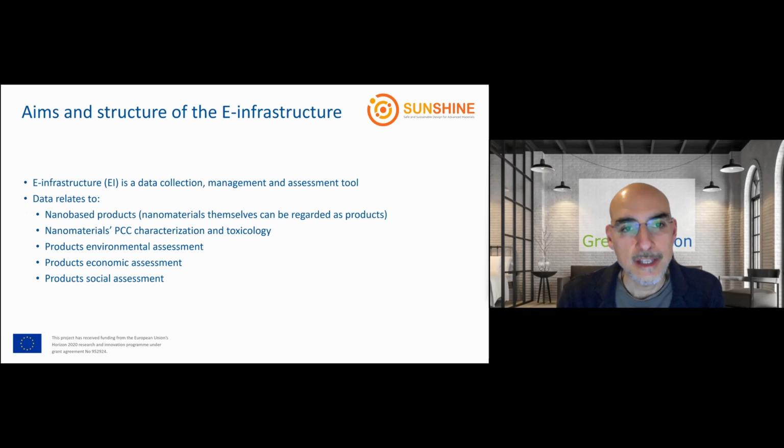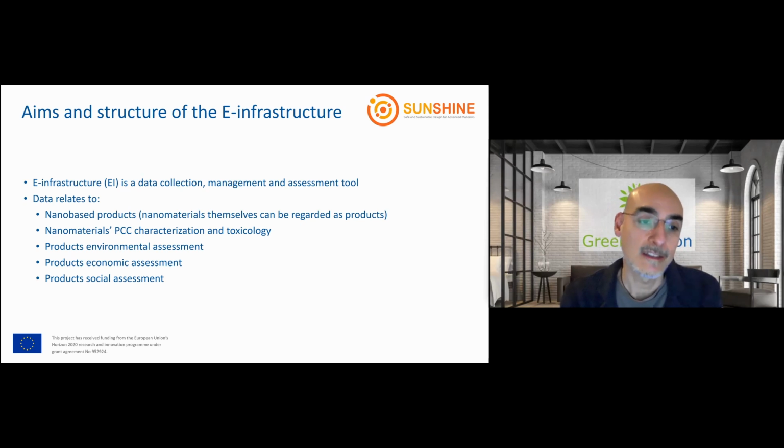So what is the aim and the structure of the E-infrastructure? Basically, the infrastructure is a tool for data collection, management, and assessment. So it means we can perform several different assessments with the data that we collect, and we can obtain different results.